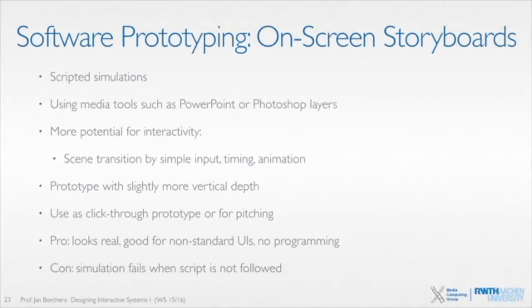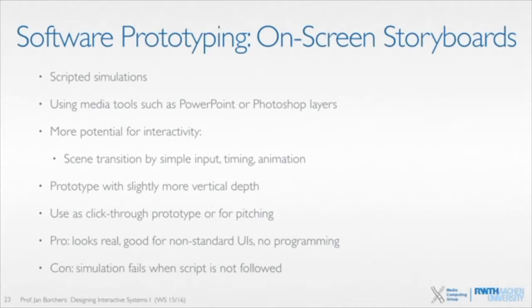So the first, simplest way of doing software prototypes is an on-screen storyboard. It's like the storyboard that we talked about, the comic book storyboard, but it's a scripted simulation. You use media tools like Photoshop or PowerPoint and create basically a sequence of pictures, snapshots of your UI.